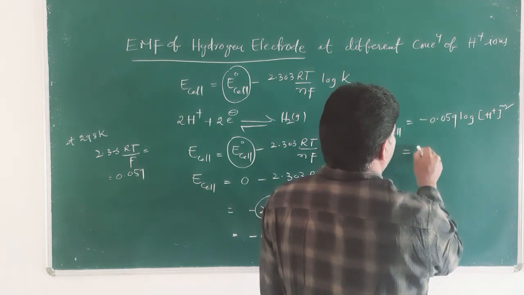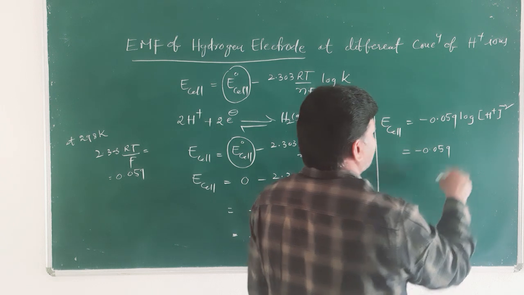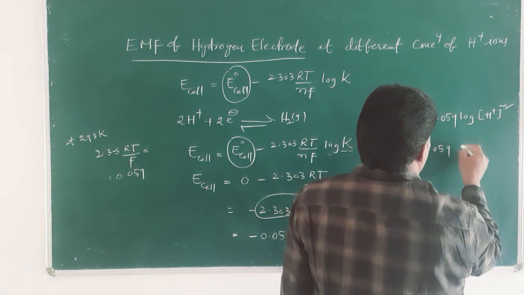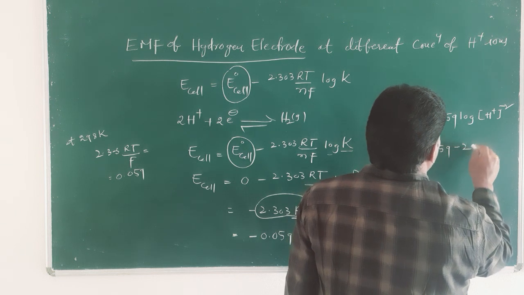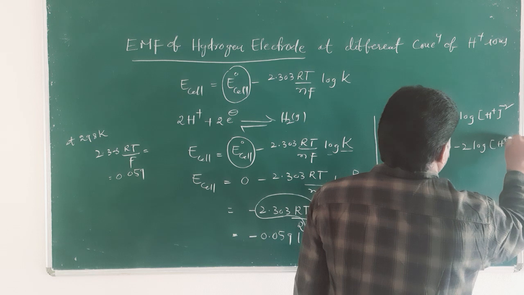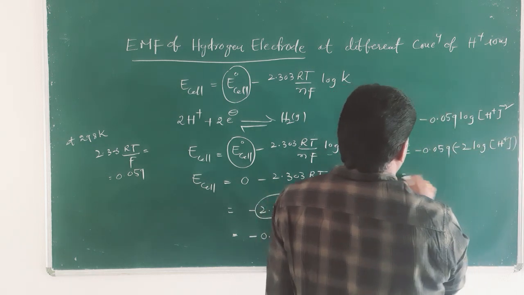So, now we can write minus 0.059 by 2, and we can write this logarithm as minus 2 log concentration of H plus ions, right.